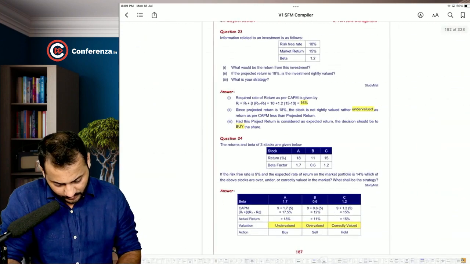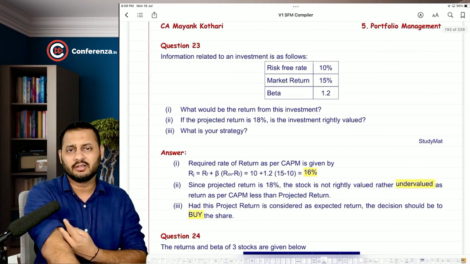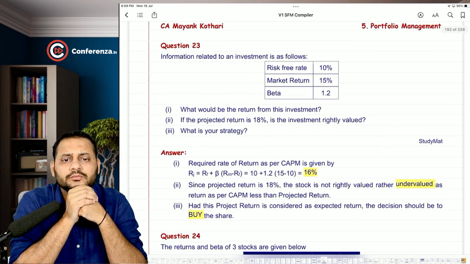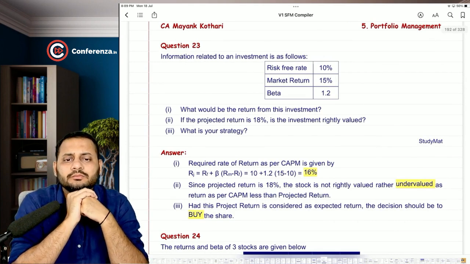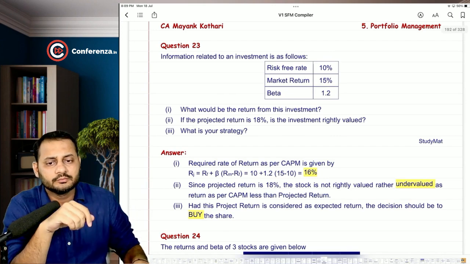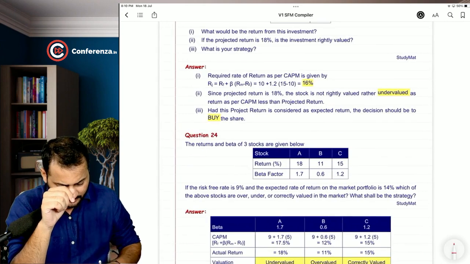Homework. Do it after certain questions, like after we complete some questions. Homework covered in study material.